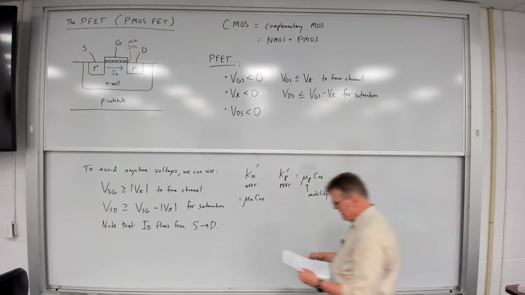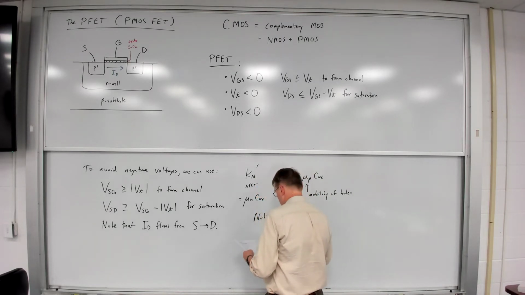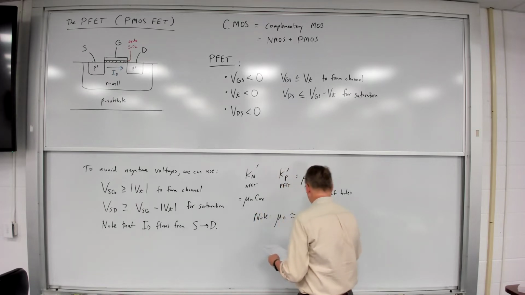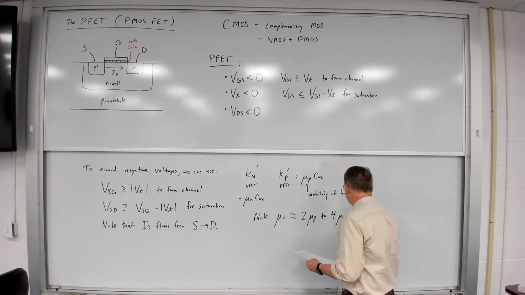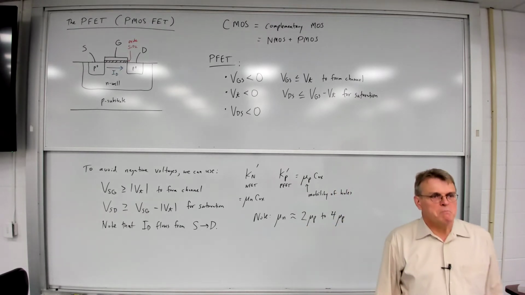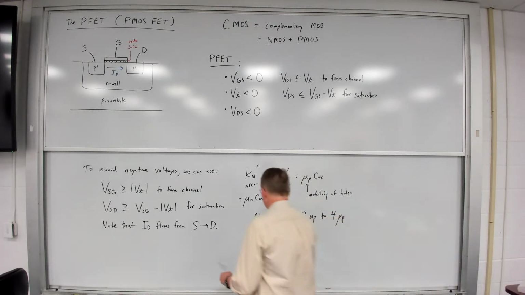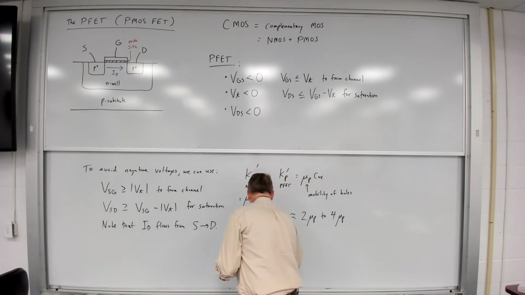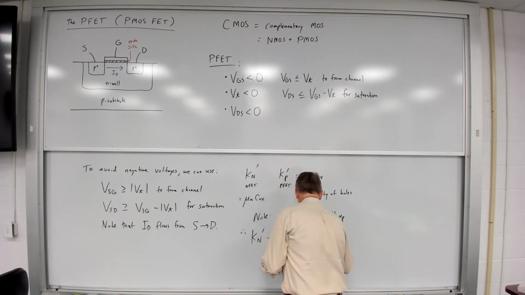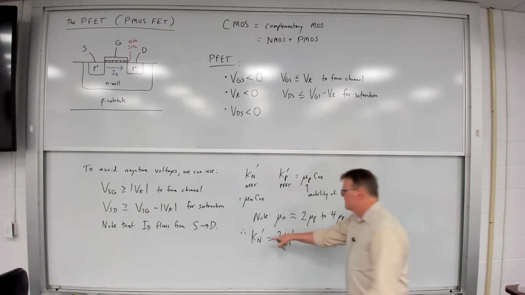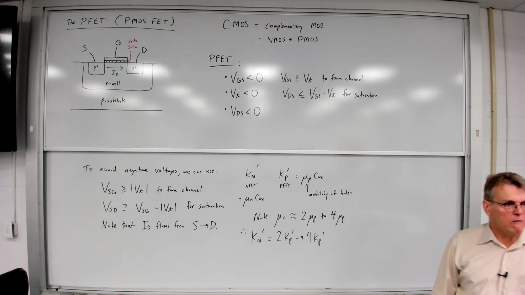And so what we find is mu sub n is typically anywhere from 2 times mu sub p to 4 times mu sub p. Electron mobility is much higher than hole mobility. And so consequently, the transconductance parameter of an NFET is going to be larger than the transconductance parameter of a PFET.